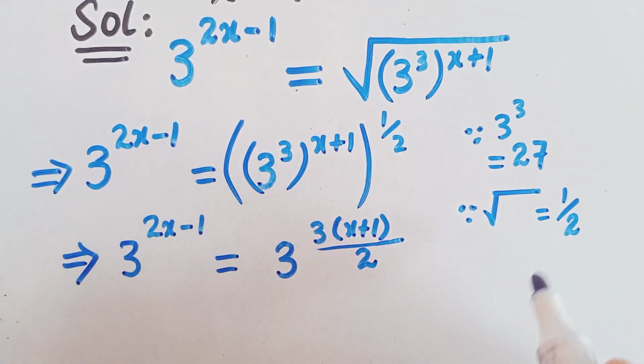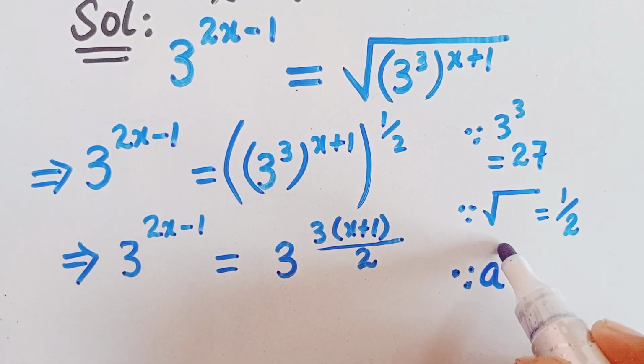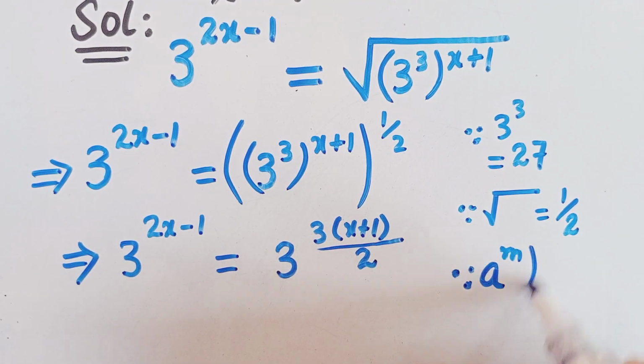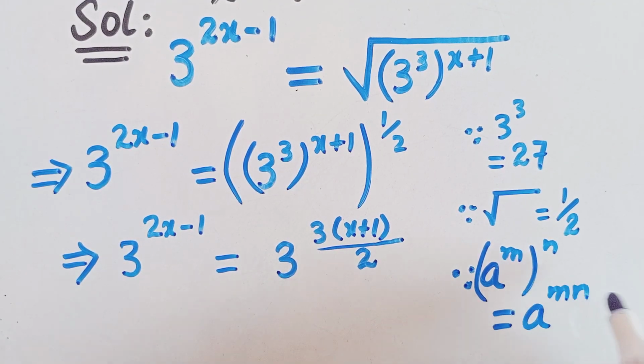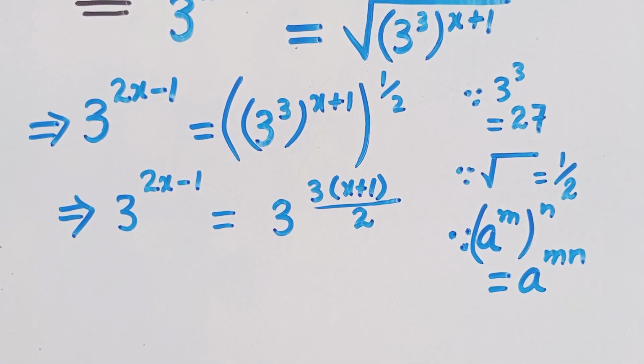That is, we have used the law of exponents: if we have a raised to the power m raised to the power n, then m multiplies n, that is, a raised to the power m multiplied by n. So we have used this law in this relationship.